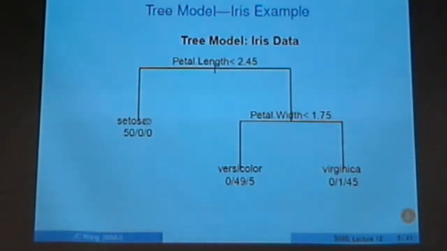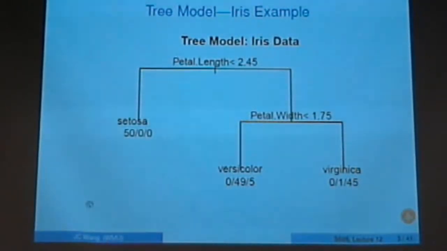So basically, the chance of going down to this node is 1/3, estimated by 1/3. The chance of going down to this node is 2/3, and then go further. So the chance of the terminal node is the probability of going down to this, times the probability of going down to this. That would be the probability for that.